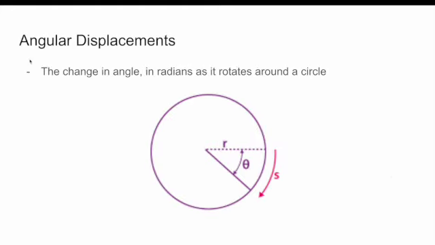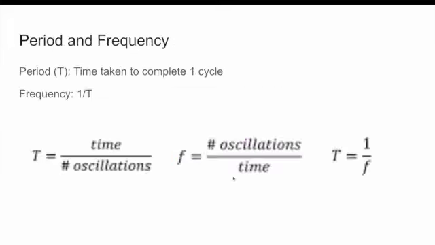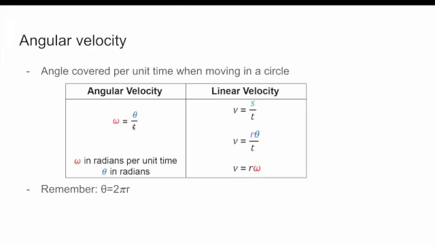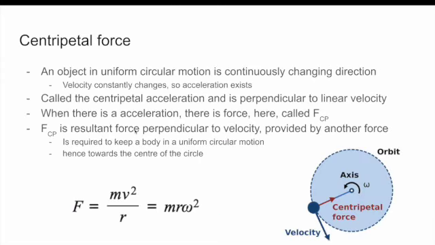So angular displacement is basically the area underneath an angular velocity time graph. This just means the change in angle in radians as it rotates around a circle. So angular displacement is basically just the displacement, the theta, from here to here. Now this formula here makes a lot more sense. It's just speed equals distance by time written in an angular circular fashion.